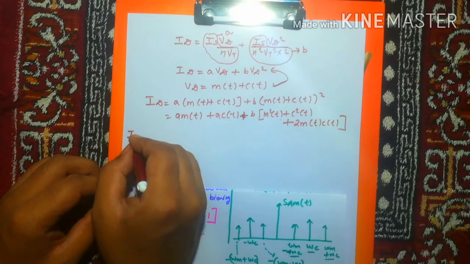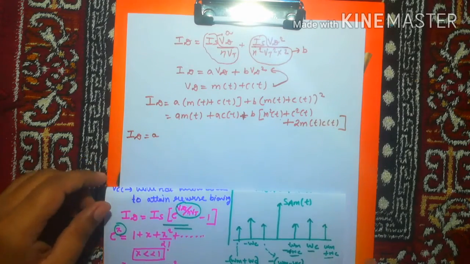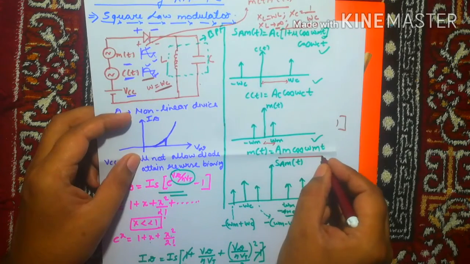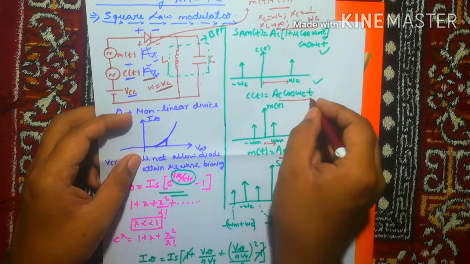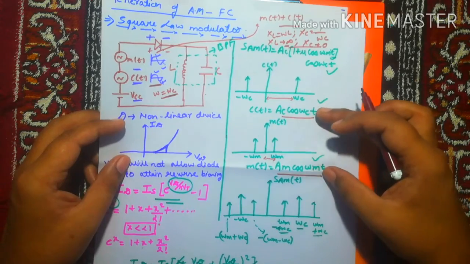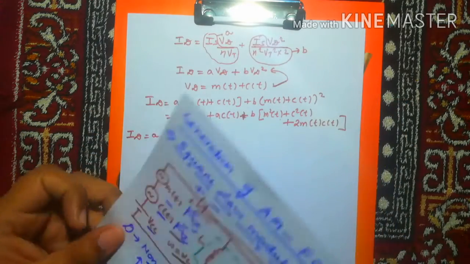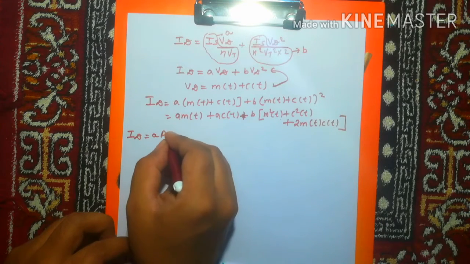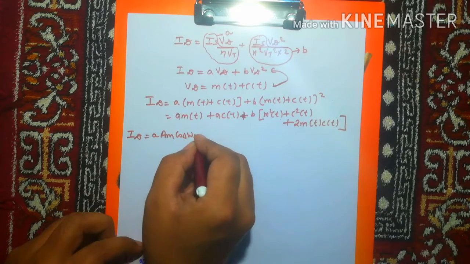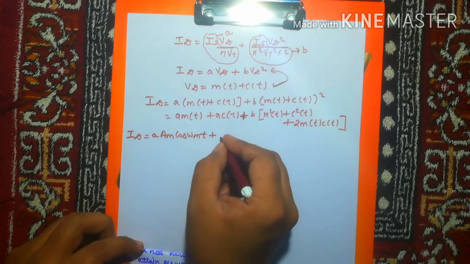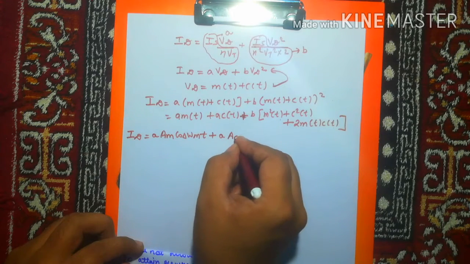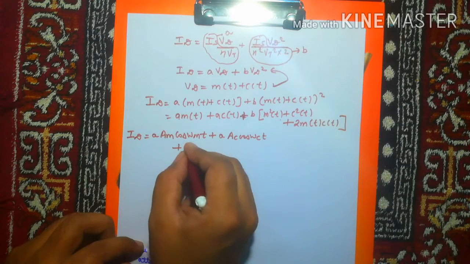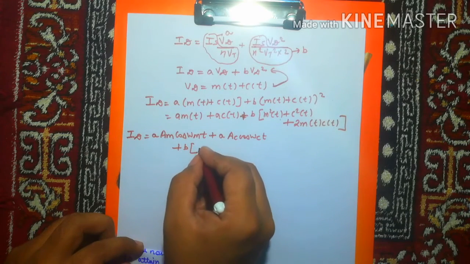Now Id is equal to A. What is Mt here? Mt is Am cos omega m t and Ct is Ac cos omega c t. So I am putting these two identities here in Mt and Ct. It's A Am cos of omega m t plus A Ac cos of omega c t, plus B M square T. What can I write?